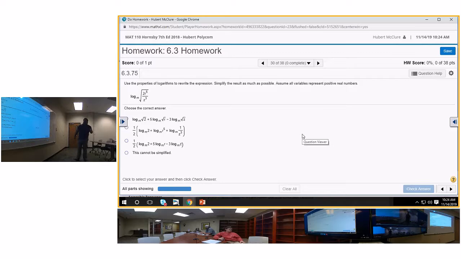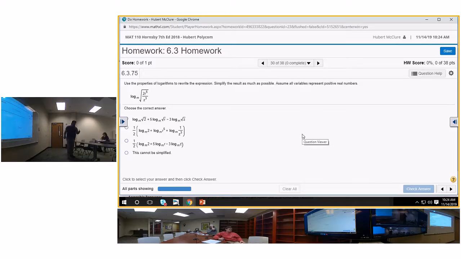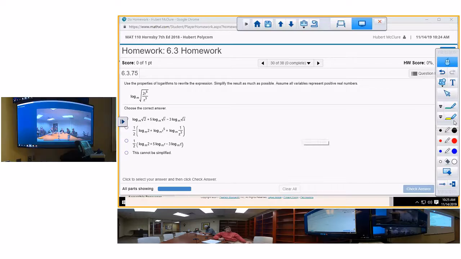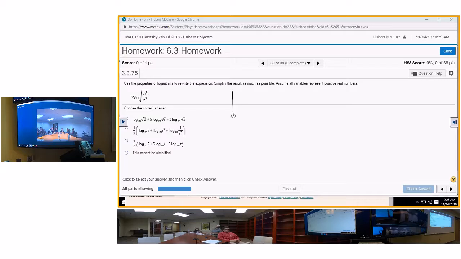Now, there's a rule in mathematics. Well, this is a Hubertism rule: calculus and radicals do not mix. Whenever you see a radical from here on out, you need to think of it as a rational exponent. So the first thing you need to do with this problem is rewrite it with a rational exponent. Log base m of the square root of 2r to the 5th over z to the 3rd.